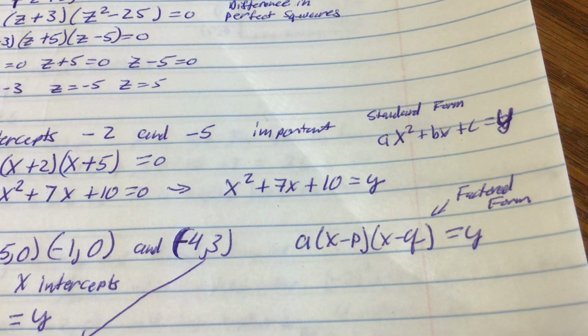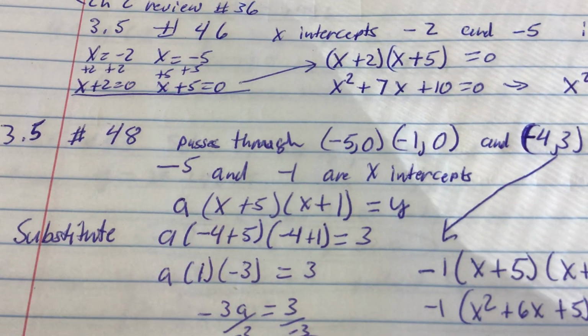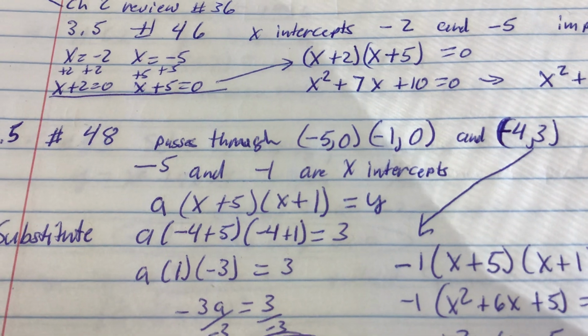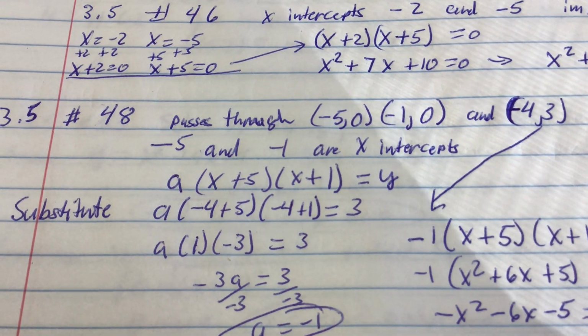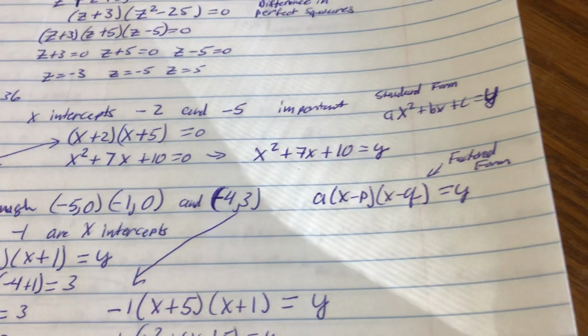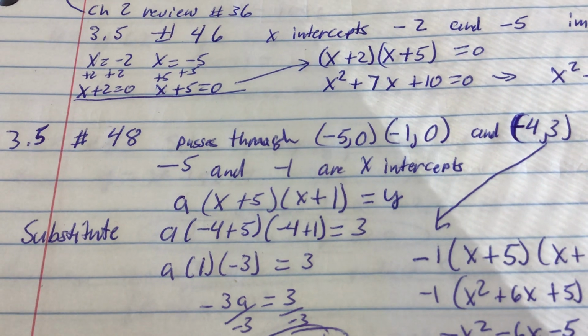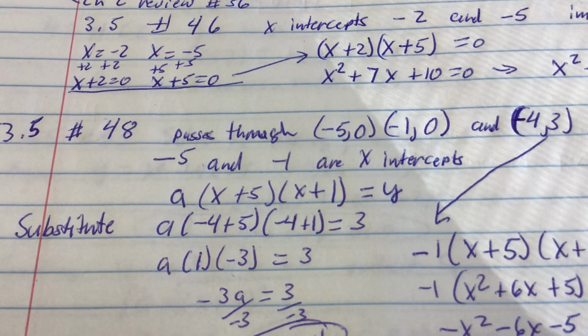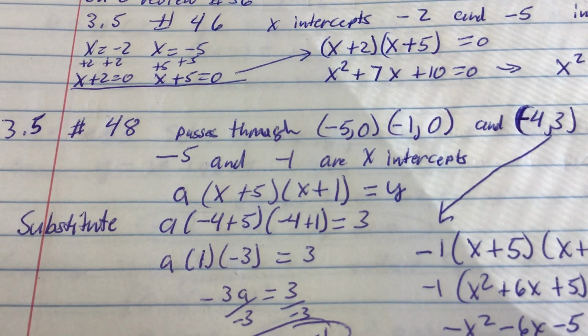So you take the opposite sign of the zeros, much like we did on the last problem. Therefore, negative 5 and negative 1 are x-intercepts. So in factored form, you're going to have x plus 5 and x plus 1, so a times parenthesis x plus 5 parenthesis x plus 1 equals y.